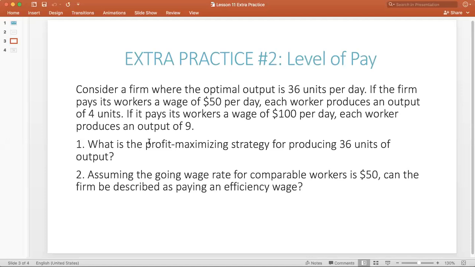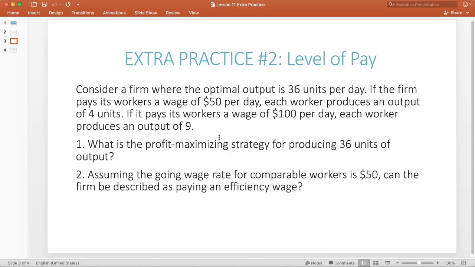So we can see that the second option of paying its workers a wage of $100 per day, where they produce an output of 9, producing an output of 9 is the marginal product of labor. So again, since the revenue is going to be the same either way, they're going to choose the option with the greater marginal product of labor per worker, which is the second option.